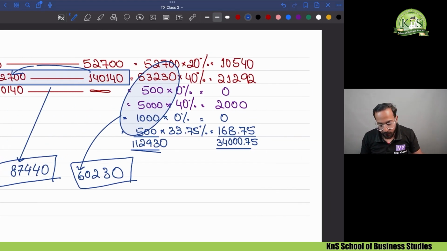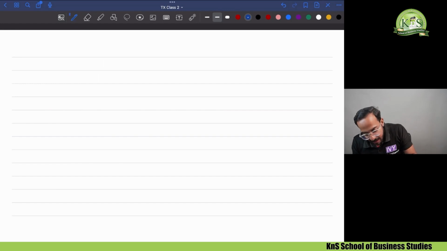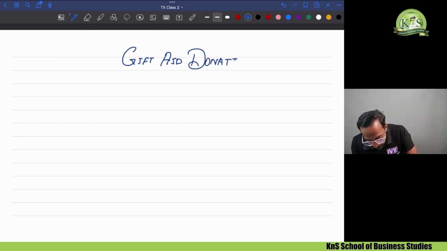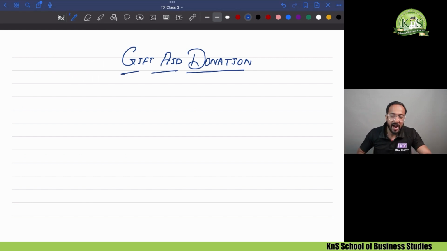The last thing of today's class is gift aid donation. Whenever you provide financial help to an approved charity, HMRC encourages you to help others by giving you such relief.